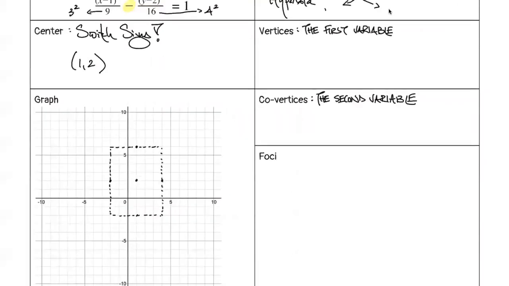The asymptotes go through the corners of the box, like the diagonals of the box. Meaning this is one asymptote. This one is another one. All right, we've got two asymptotes here.